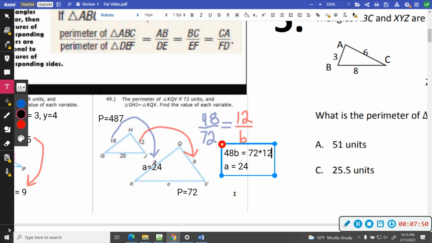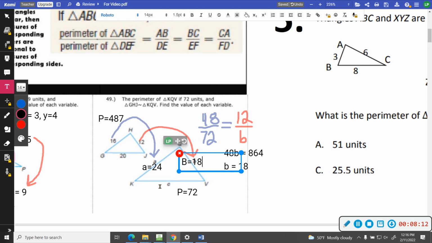And what is 72 times 12? 72 times 12 is 864. And 864 divided by 48 is 18. B is 18.